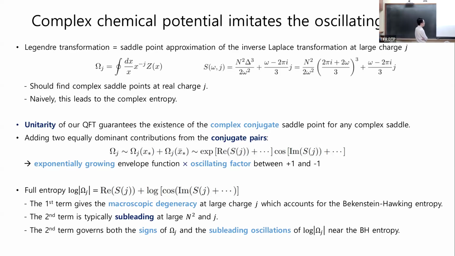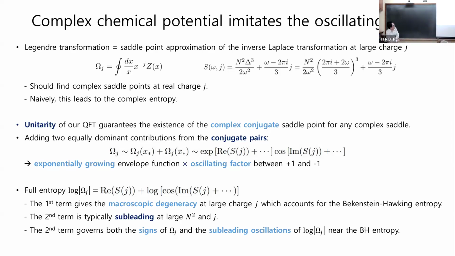Sorry, this suggests that there's oscillation, right? But why do bosons dominate, then fermions dominate? Oh, because of this cosine factor. Sorry, what is the meaning of this imaginary part of the entropy?